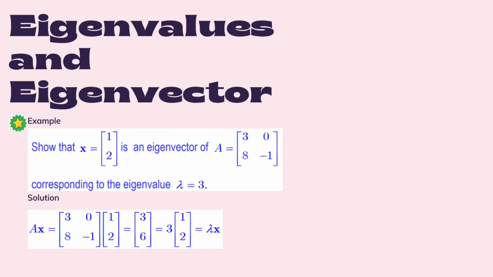So Ax equals the matrix (3, 0, 8, -1), a 2 by 2 matrix, multiplied by the 2 by 1 matrix (1, 2). The outcome will be a 2 by 1 matrix, (3, 6), which is 3 times (1, 2), which is lambda x.